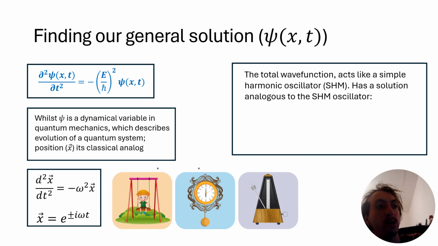We can see that if we compare the blue equation here at the top of the screen with the black equation at the top of our bottom box, omega and E divided by h bar are the same thing.